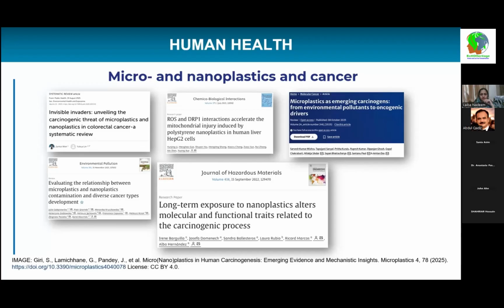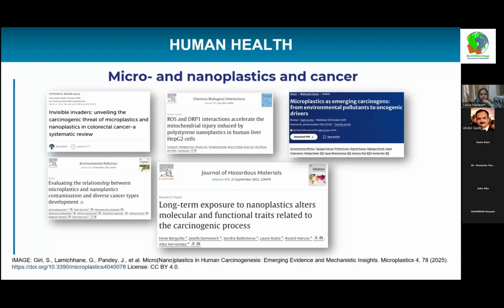Recent studies also suggest that micro and nanoplastics may promote tumor cell migration and metastasis. Although these mechanisms are currently under investigation, there is growing evidence that micro and nanoplastics can be one of the big factors.